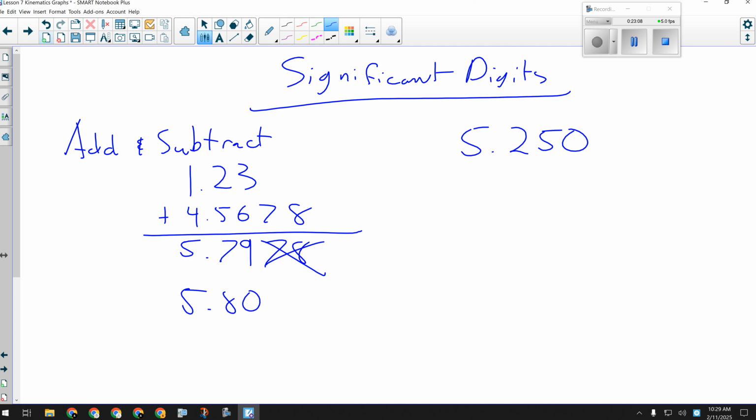It has 4 significant digits. Would I write that last 0 if I wasn't certain of it? No, if I wasn't certain of that number, I'd have left it at 5.25. I wouldn't write that 0 unless I knew for sure it was a 0. Okay? Trailing zeros are always significant.